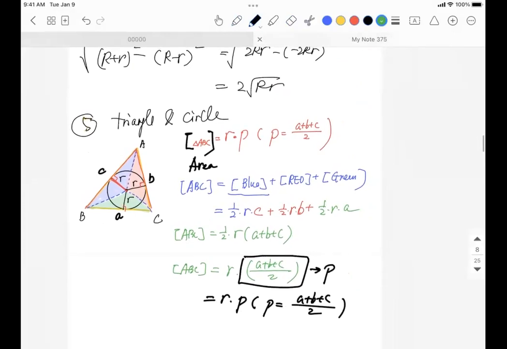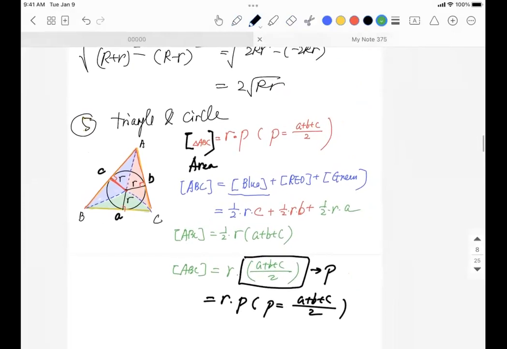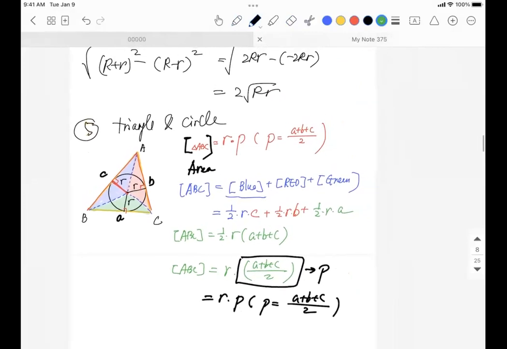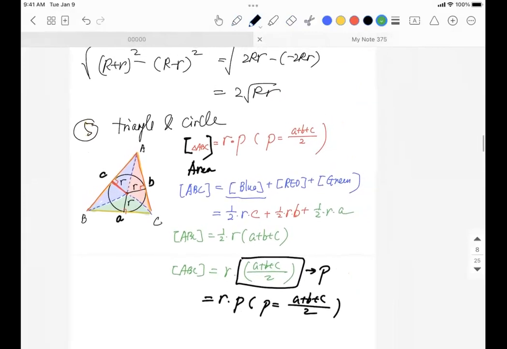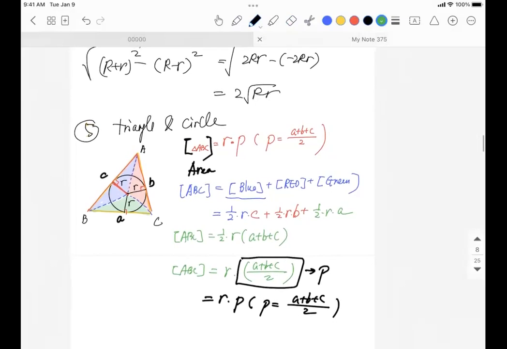So actually, this is a very important way for you to determine the radius of the inscribed circle. If I have an inscribed circle, how can I determine its radius? This is the way.